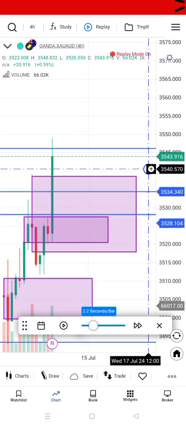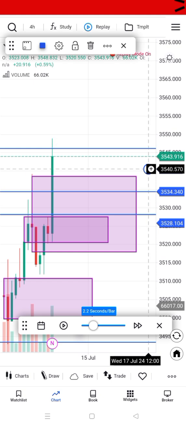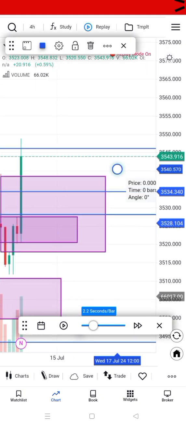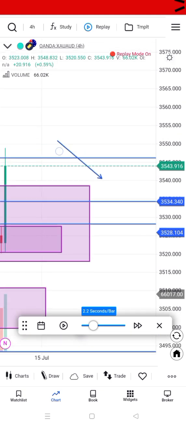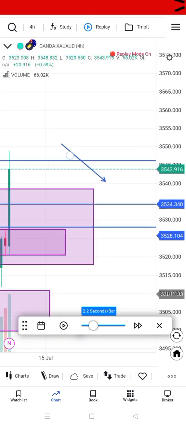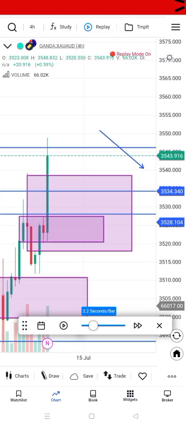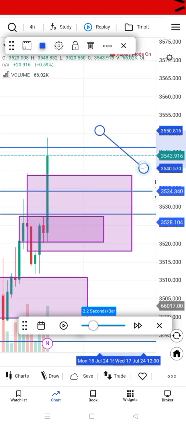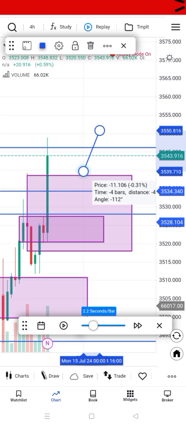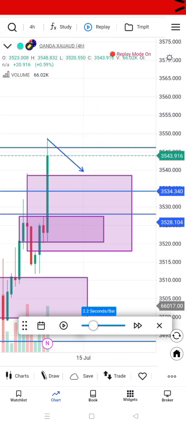So that's another zone of interest that I've drawn there. You can see it's also another zone of interest that you have to understand that might act as a zone of interest. So what do we expect the market to do? We expect it to come back. You understand?